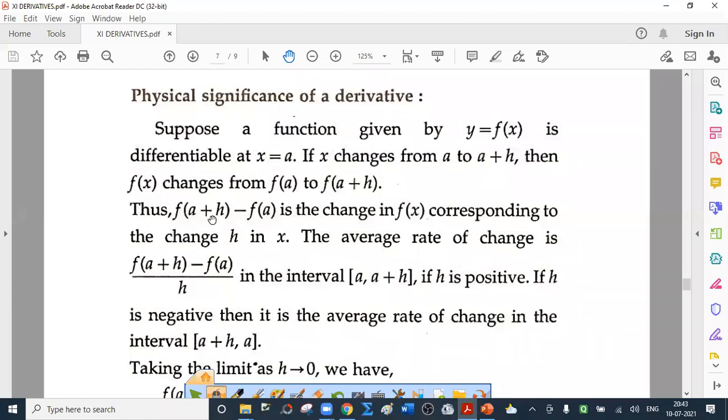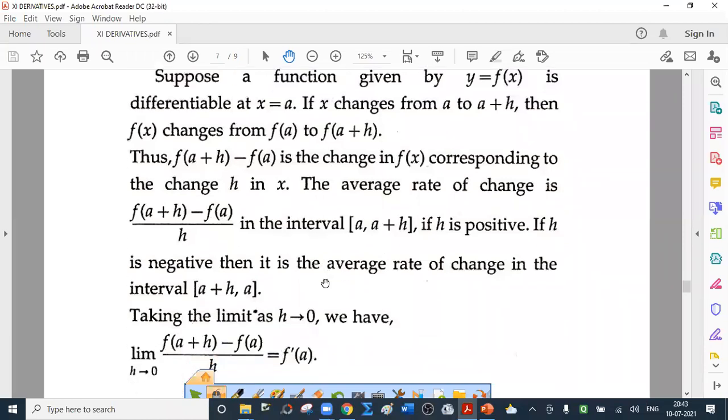The difference f(a plus h) minus f(a) is the change in f(x) corresponding to the change h in x. Why? Because previously it was a, now it is a plus h. So what is that change? The change is h. The average rate of change is obtained by dividing f(a plus h) minus f(a) by h.